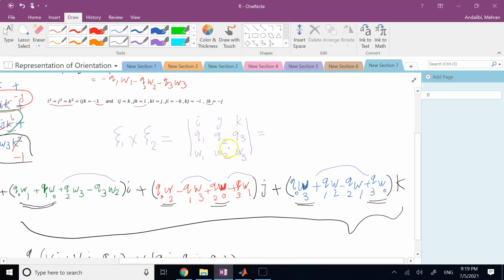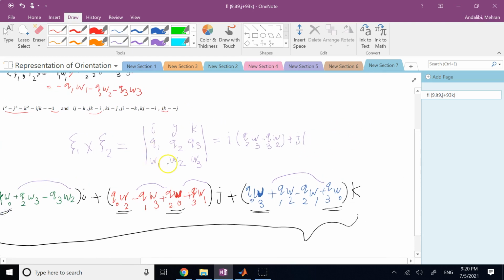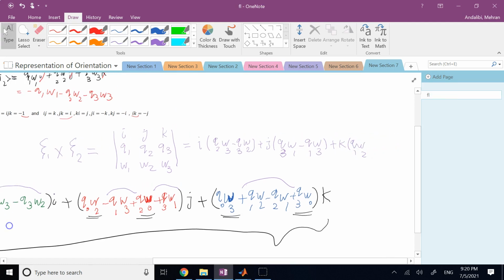And if you do it with Sarrus's rule, it is going to be I times q2w3 minus q3w2, plus J times, if you look, it is q3w1 minus q1w3, and finally plus K times q1w2 minus q2w1.